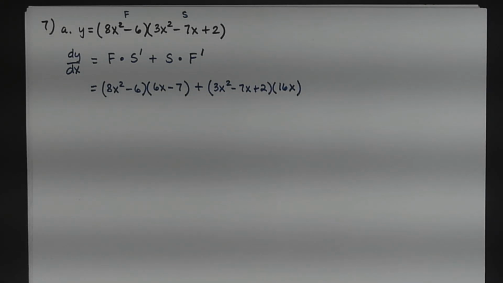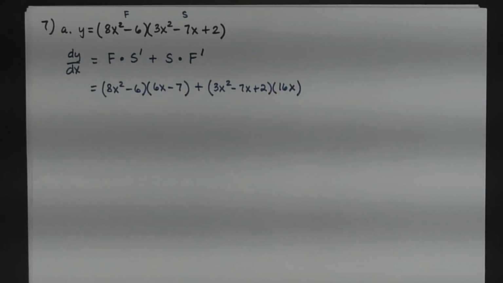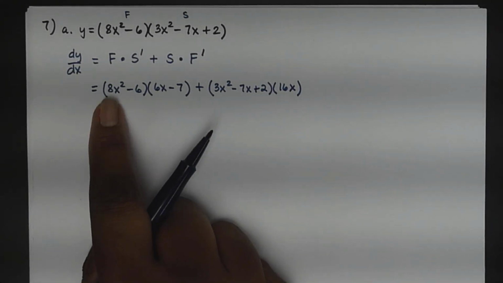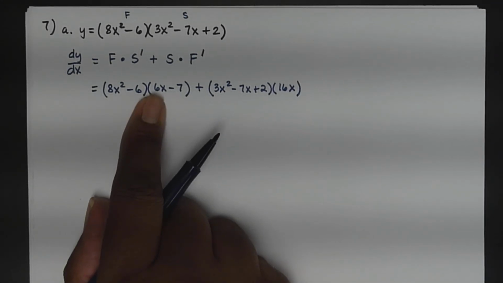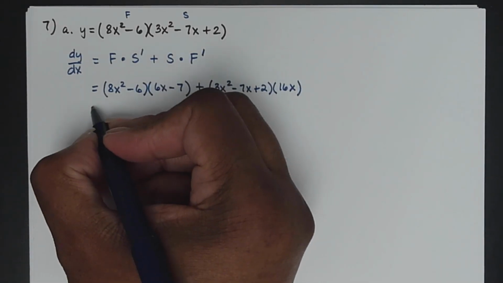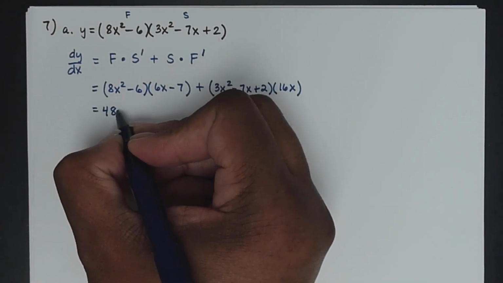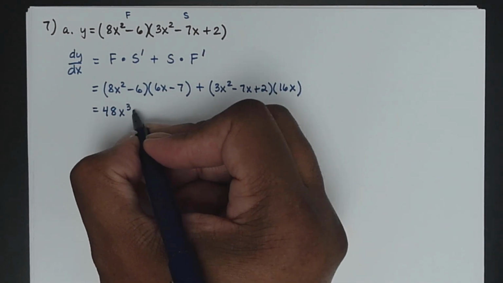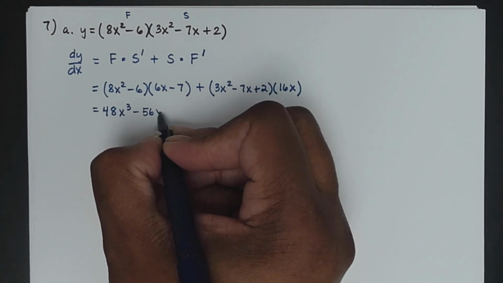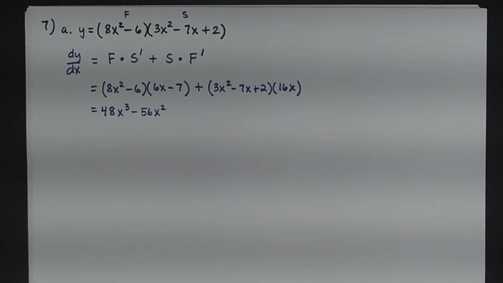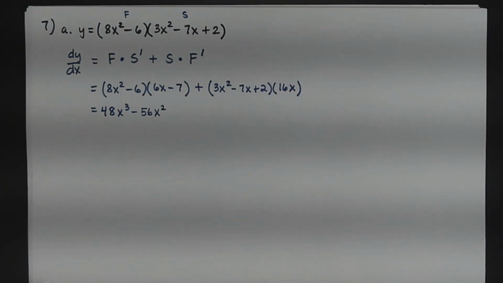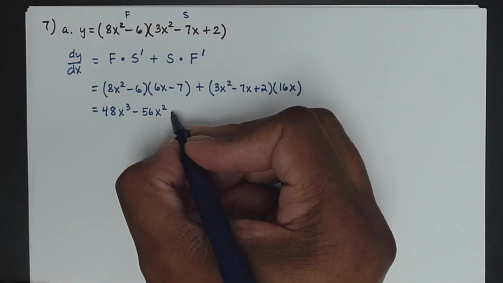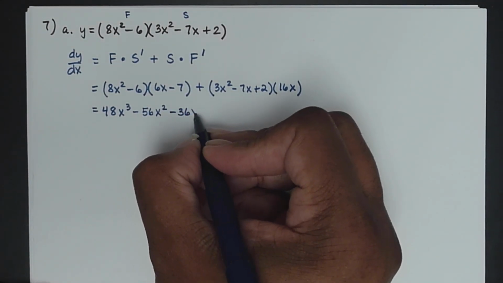Now let's go ahead and simplify this. The first part, I need to use the FOIL method. So if I multiply 8x squared times 6x, that's going to be 48x to the third. 8x squared times negative 7 will be a minus 56x squared. Inner will be minus 6 times 6x will be a minus 36x.